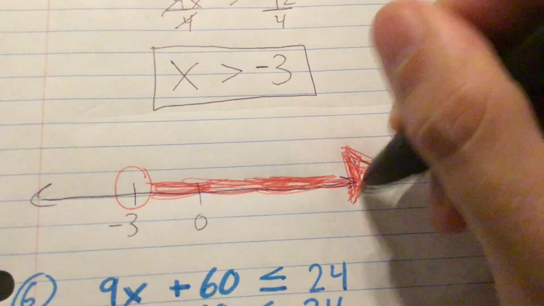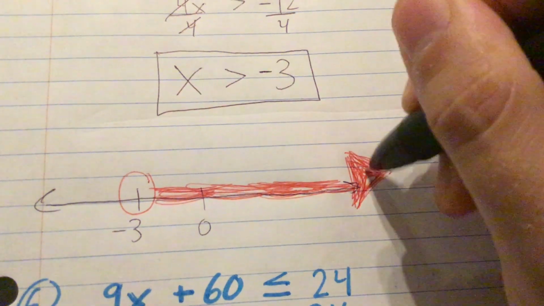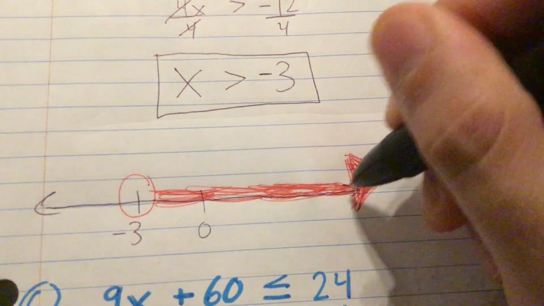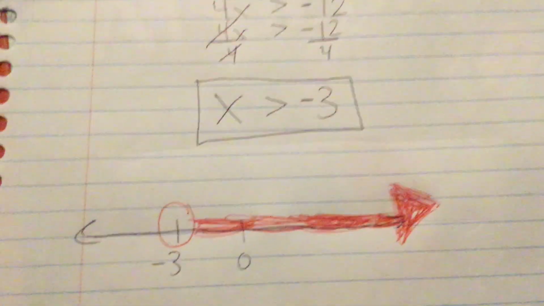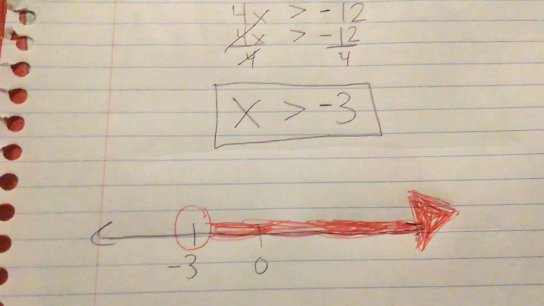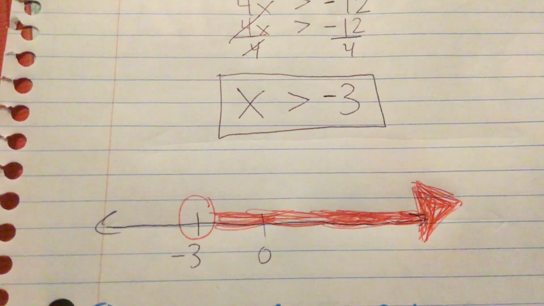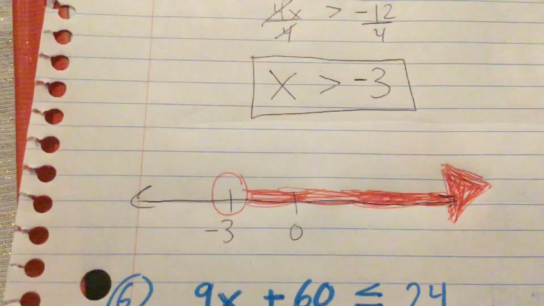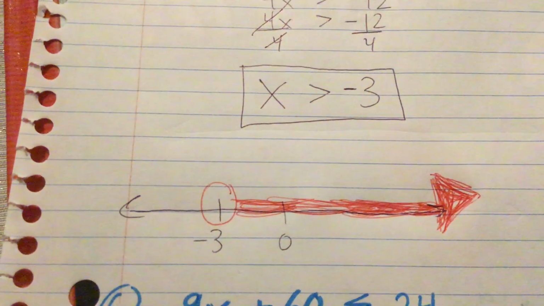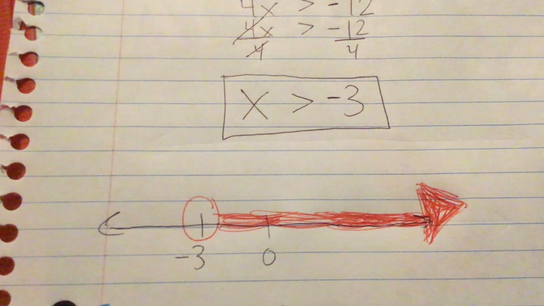I put a big fat arrow because I'm going to infinity and beyond. Hopefully Disney doesn't flag my video for copyright infringement. x is greater than negative 3. Is negative 3 itself invited to the solution set birthday party? No, the endpoint is not included, so we're going to leave this open circle. Okay.